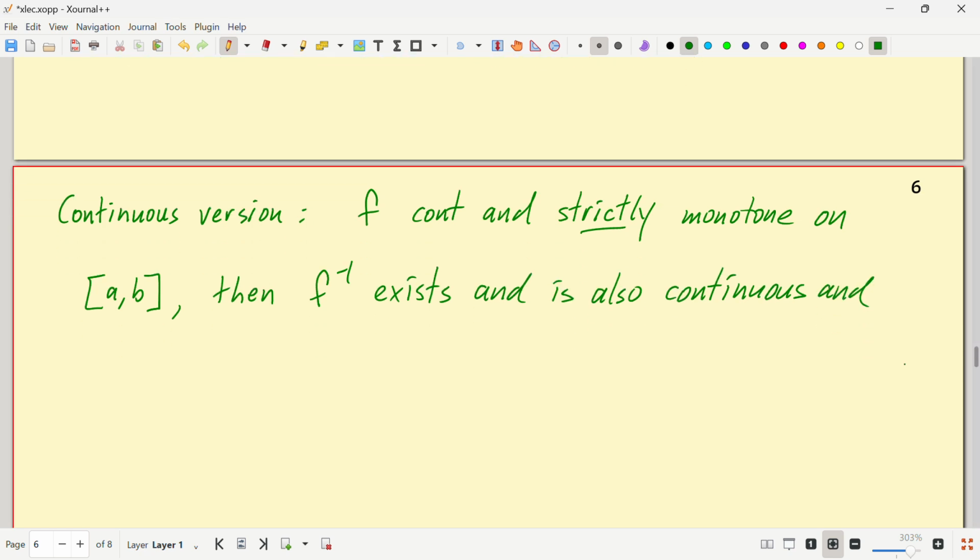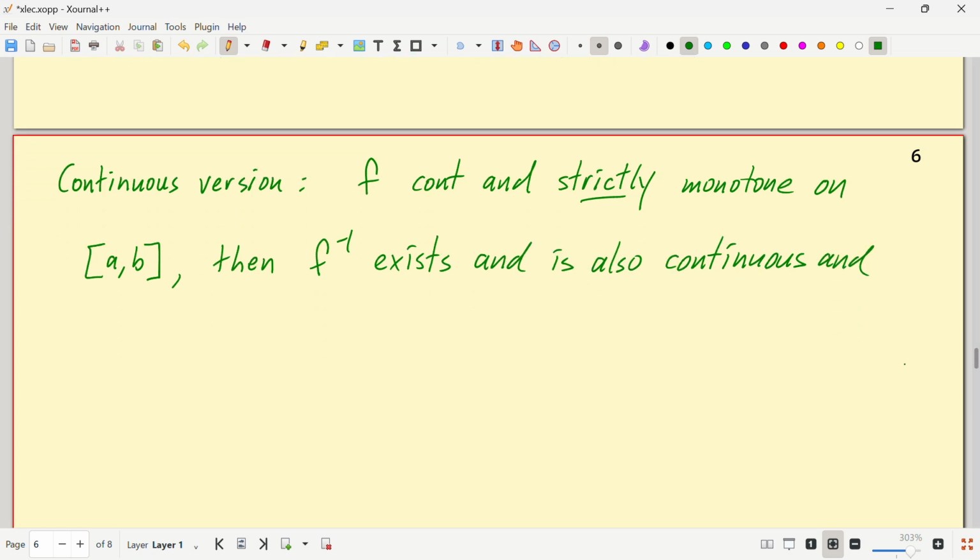Of course, you're mapping intervals to intervals because that's the interval theorem. We did that last time.